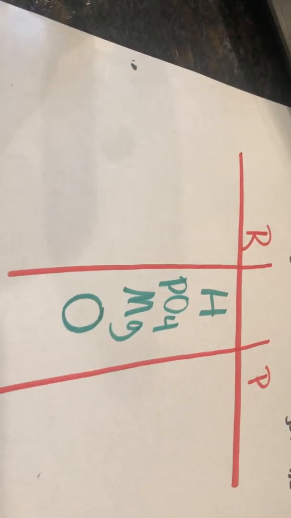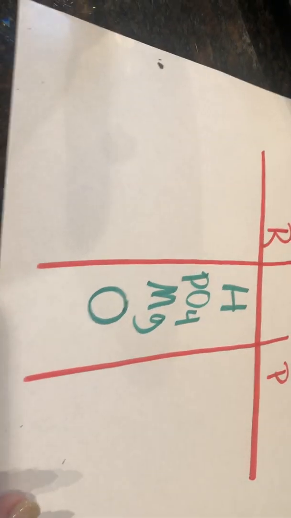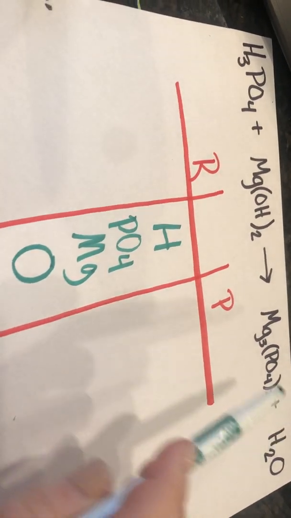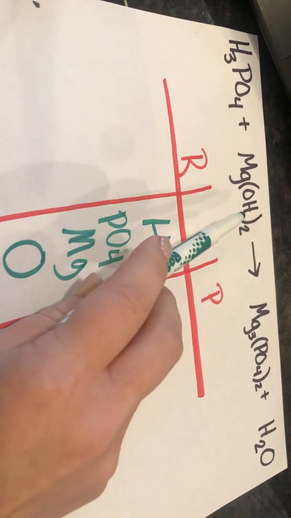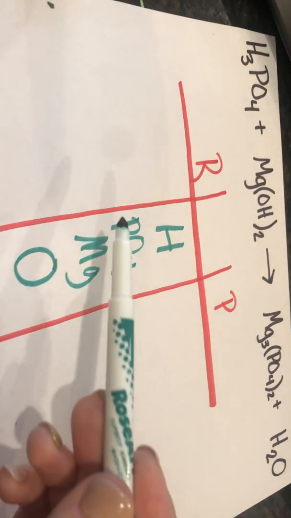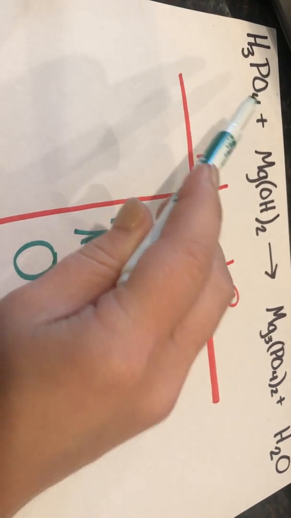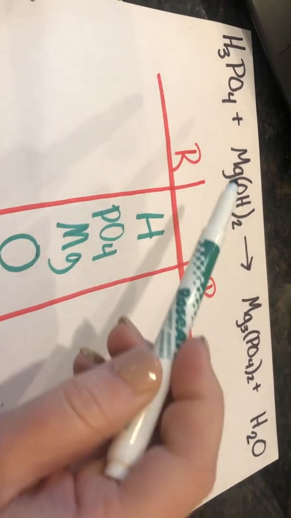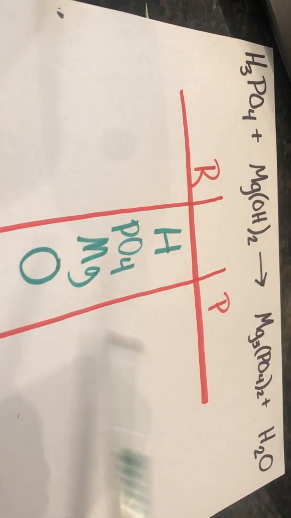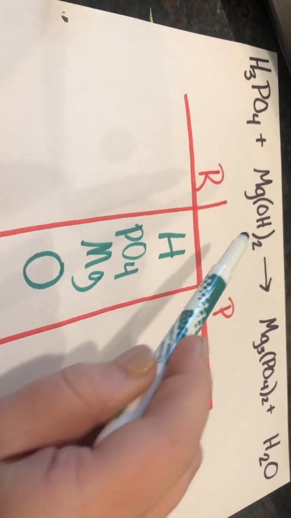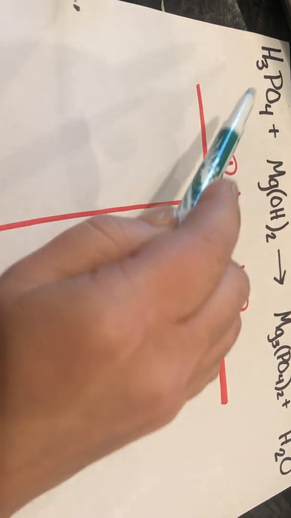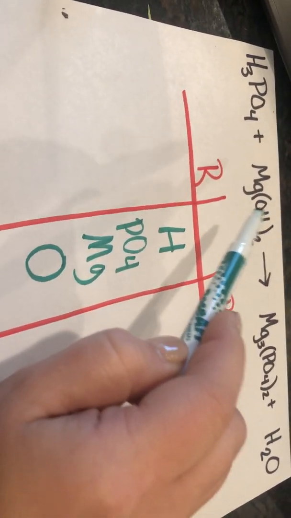Does that make sense? So hydrogen is represented over here, over here, and more hydrogen here. We have our polyatomic ion, phosphate, and we have our magnesium, and we have our oxygen. We can't count this oxygen because it's a part of this polyatomic ion.